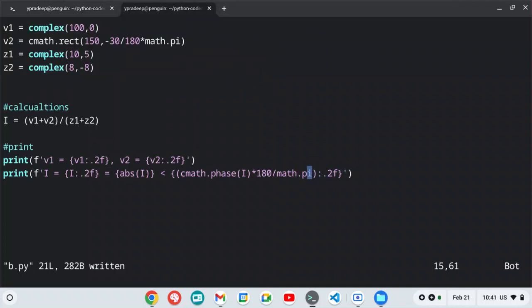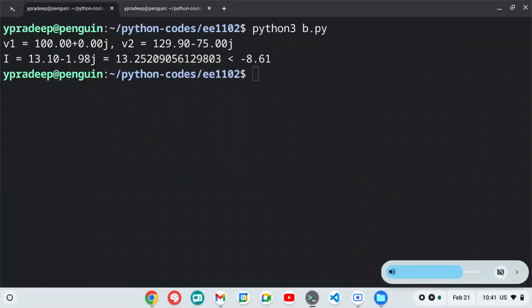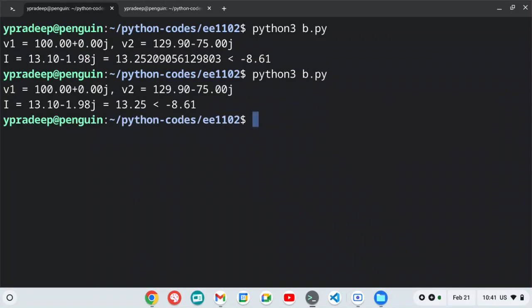Let's do that. 0.2 float. So 13.25, angle is minus 8.61 degrees. So again, everybody clear with what we did so far?